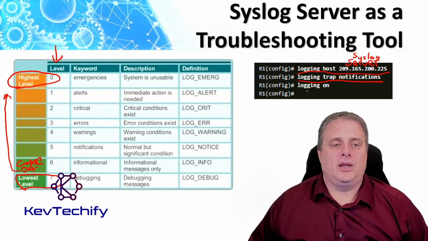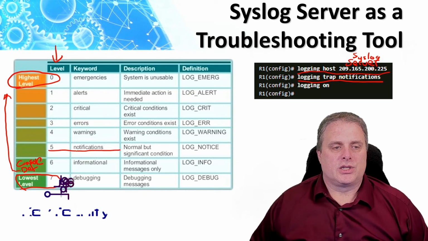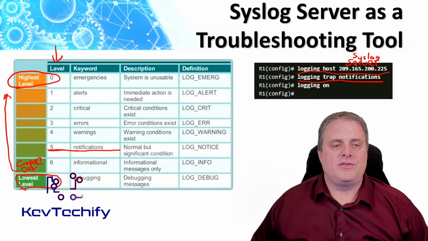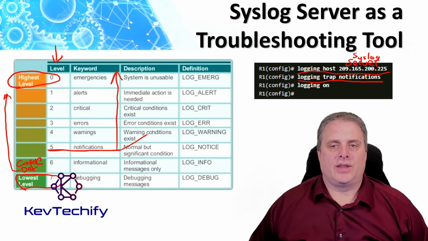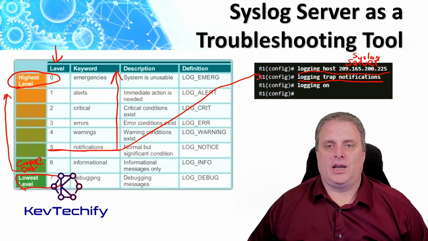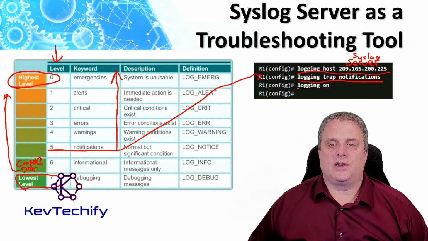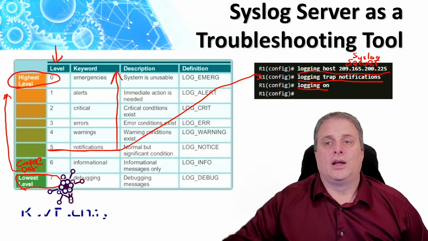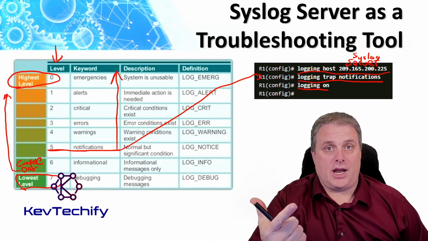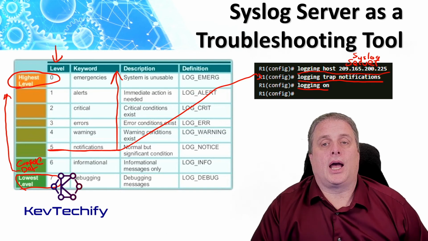Now, what does that mean? Right here, we can see level 5 is notifications. And so anything that's a level 5 notification or more severe will be sent. So that gives us this line right here. And then the last step here is you need to make sure you turn it on. Set up your server, set up your traps, and then make sure you turn your logging on.